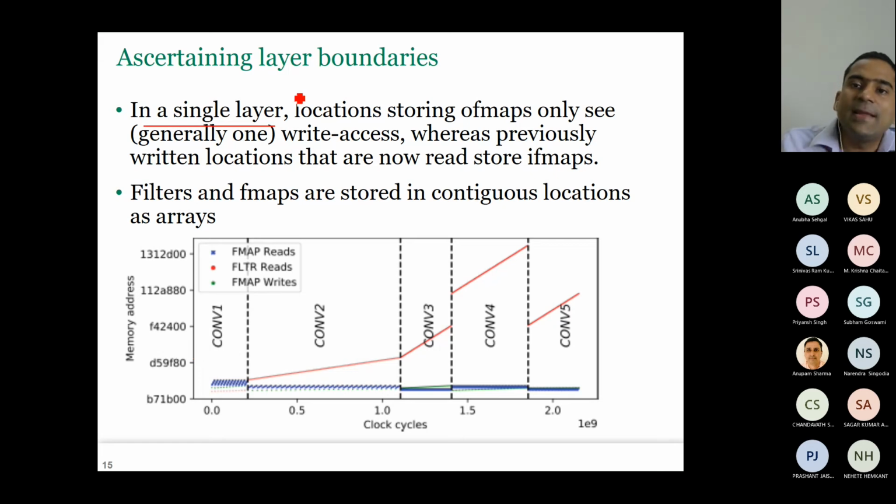So in a single layer, locations that store output feature maps only see generally one write access, because the output of one layer is stored somewhere. Within a layer, it will only see write accesses. For example, here the green ones. Then again in convolution 2 we have this green area, then in convolution 3 there is this green area, then this green area.